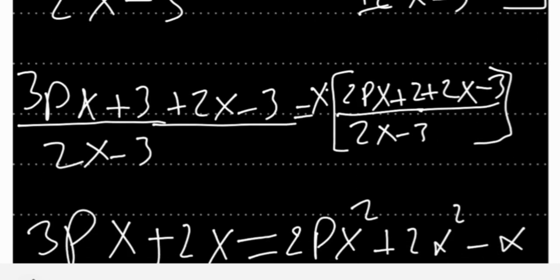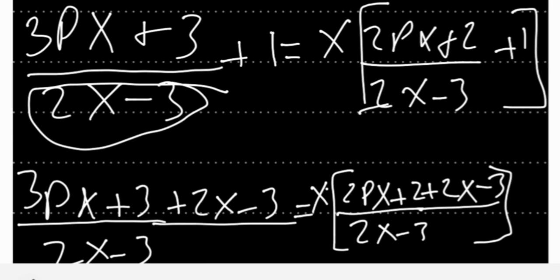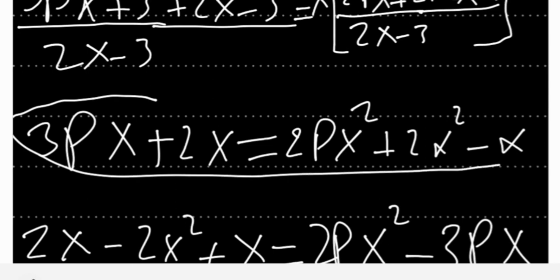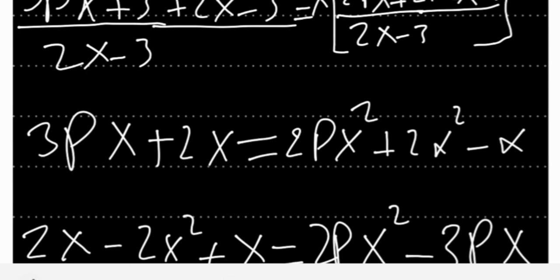Now when the things were more simplified, we started cutting things. Here we just did the MMC over here to join these two, and here we did the same thing to join 2x minus 3 plus 1, so we joined them all together, and then we got this, which is much easier to deal with.